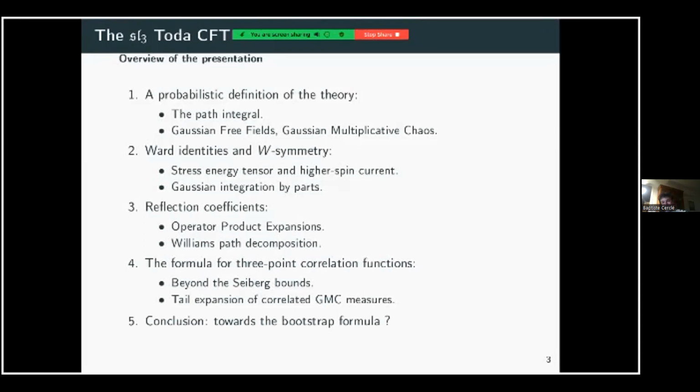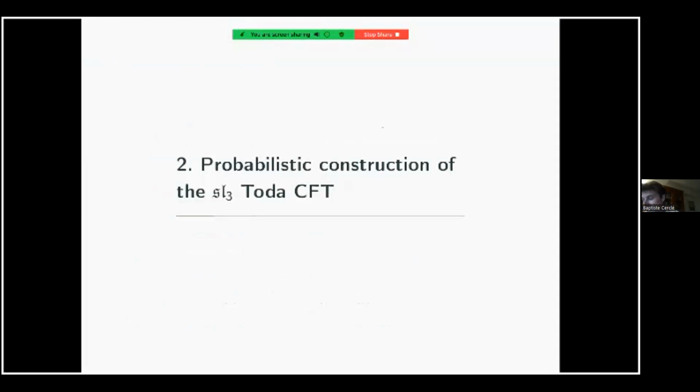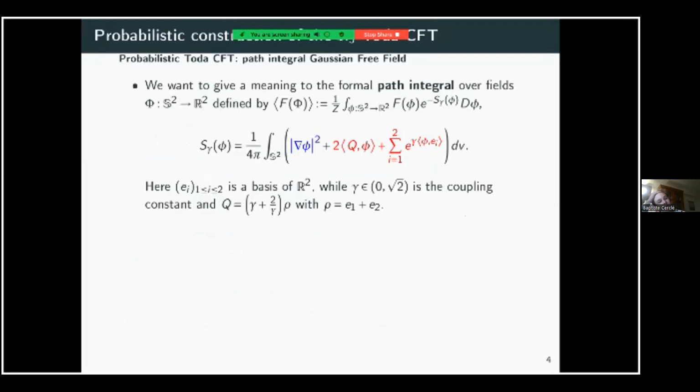Okay, let's move on. So the first step is the probabilistic construction of this SL3 Toda CFT. So our goal is to give a meaning to the formal path integral of our fields. That is, the physicists define the law of a random function by saying, I take the average value with respect to a weight, but otherwise it's just a uniform measure on functions weighted by the exponential of minus the action.